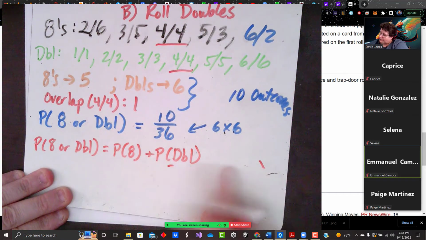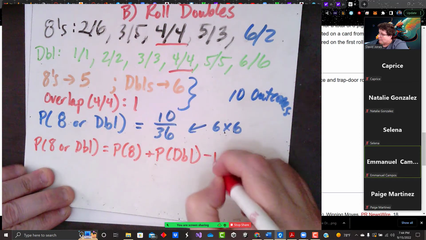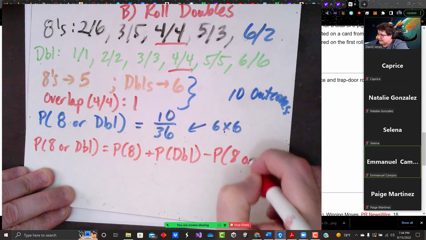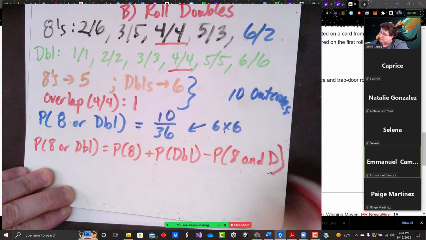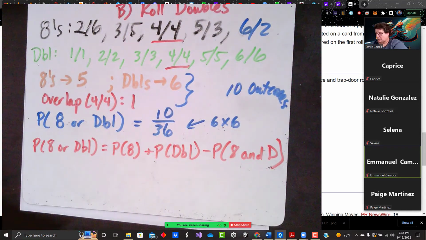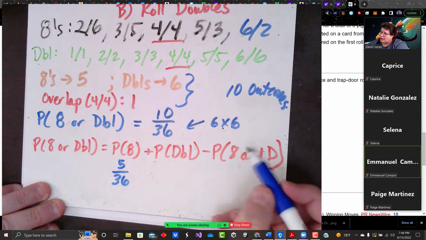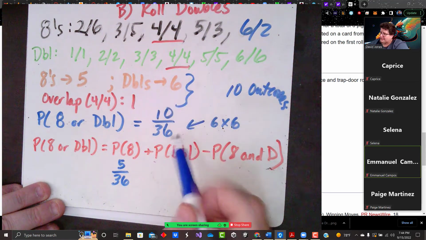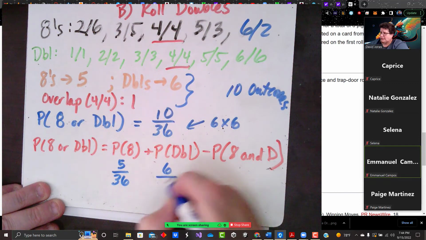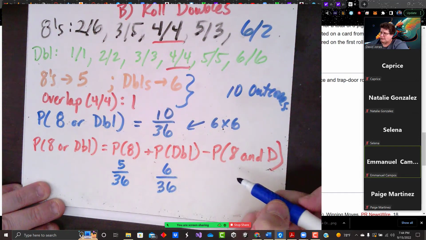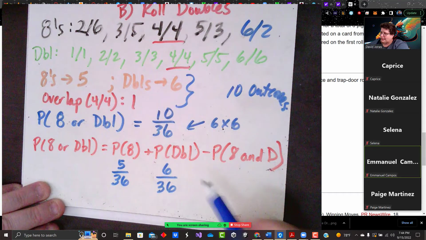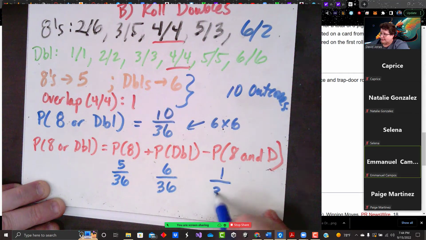Maybe I'll try to put this on one line. There we go. And let's look at the events we have up here. The probability of rolling an 8, there's 5 events out of a total of 36. The probability of rolling doubles, there is 6 events out of 36. And we said there was 1 overlap, so 1 over 36.